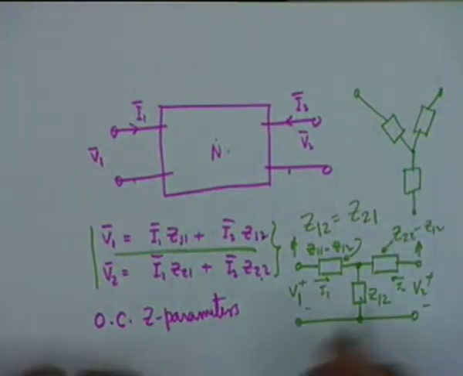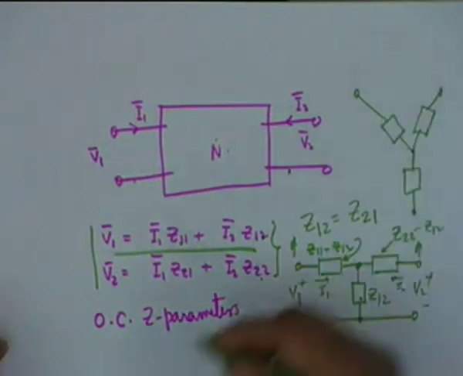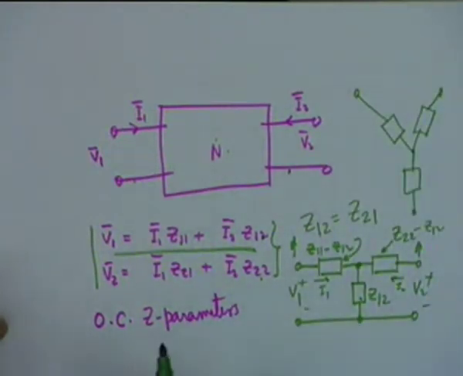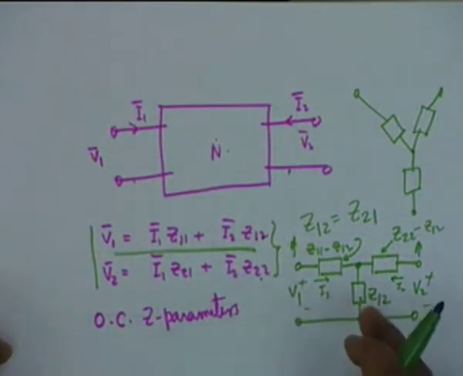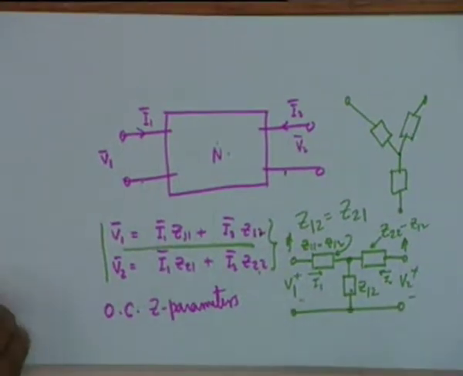If you pull these two terminals up, then it becomes of the shape of a Y, and it is sometimes called a Y equivalent model of the mathematical equations. So it is either called a T network or a Y network.